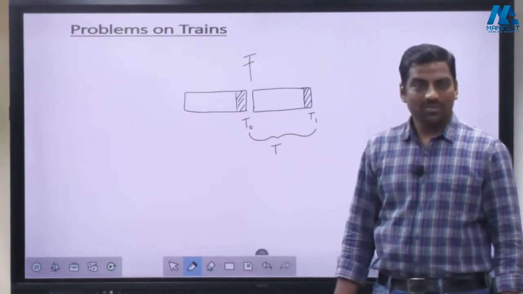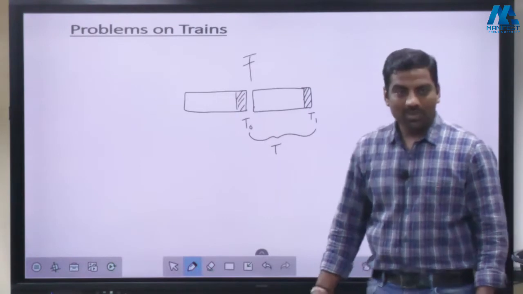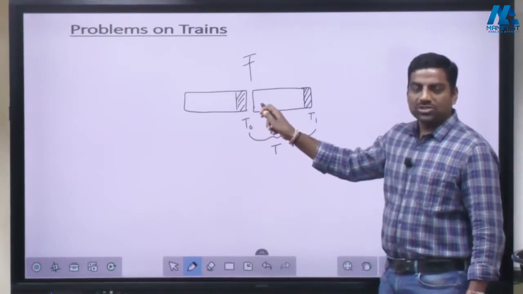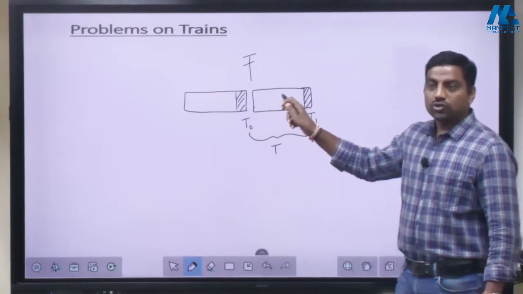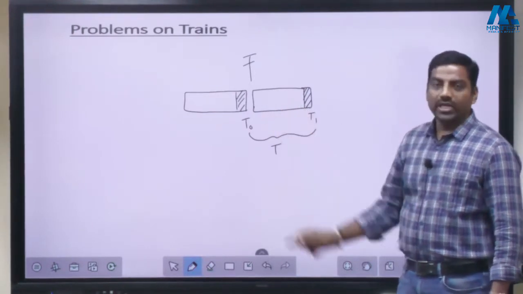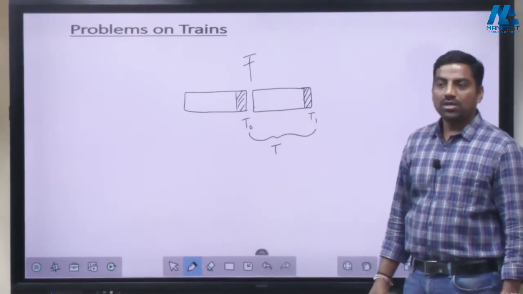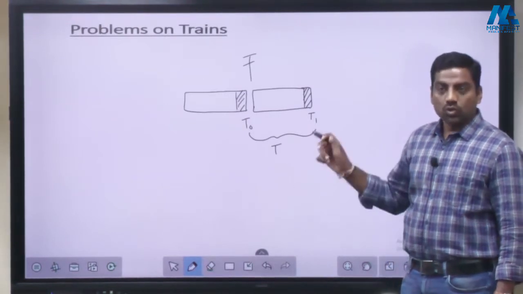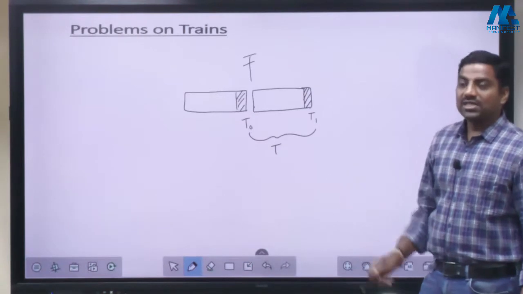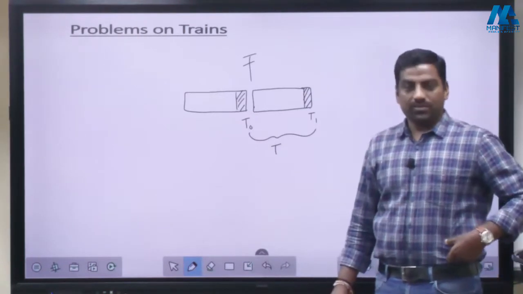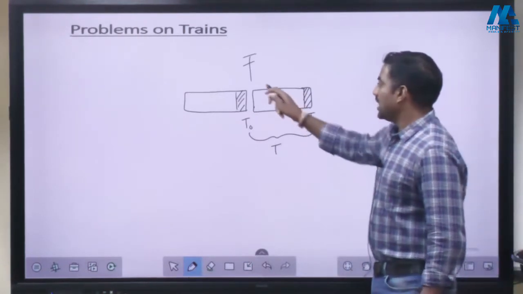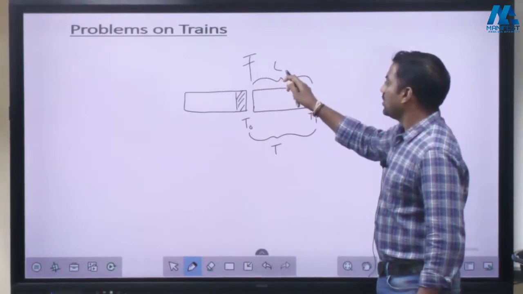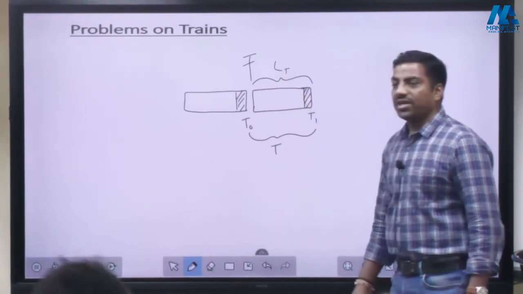Its own length, right? When did you start the clock? When the engine approached the pole. When did you stop the clock? When the last bogie crossed the pole. So what is the distance that the train has covered? That is its own length. That is the length of the train.